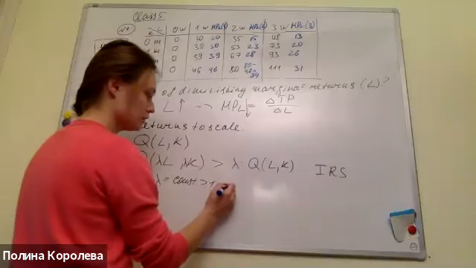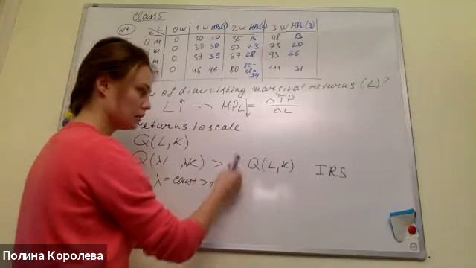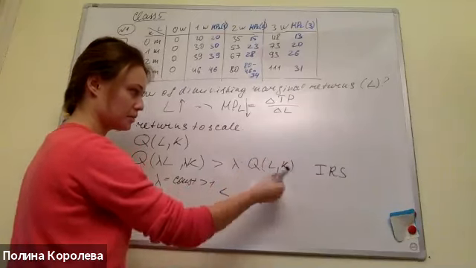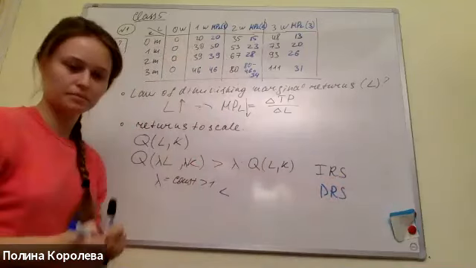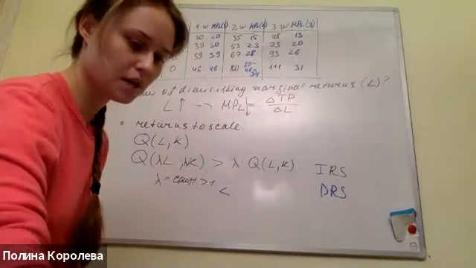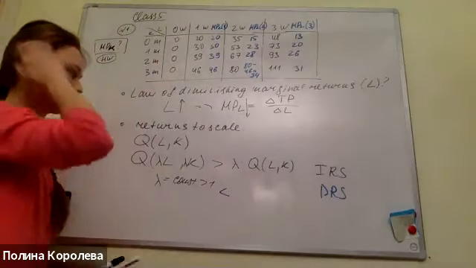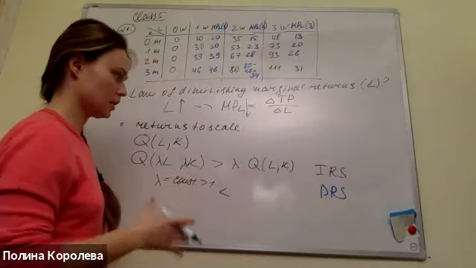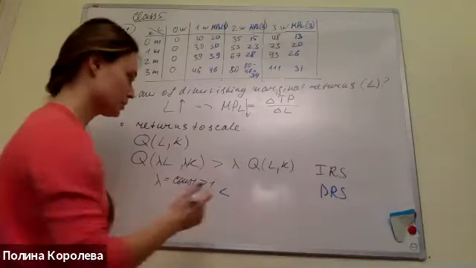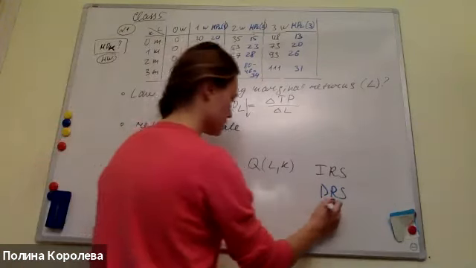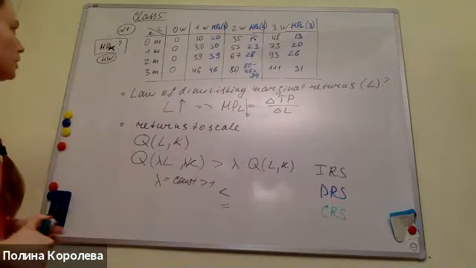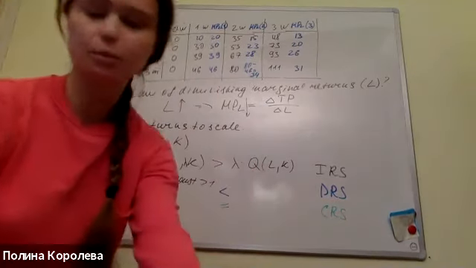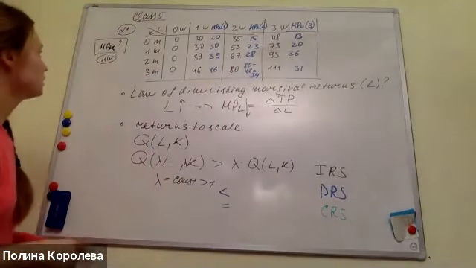If we produced less than lambda multiplied by the previous amount, we have decreasing returns to scale. And if we double, for example, our labor and capital, and our amount produced doubles, we have constant returns to scale. So here, what points should we take?